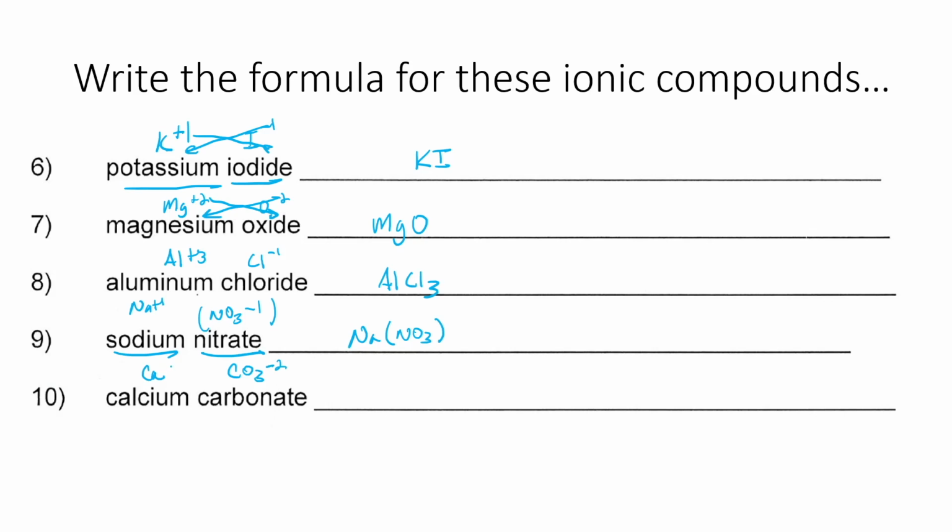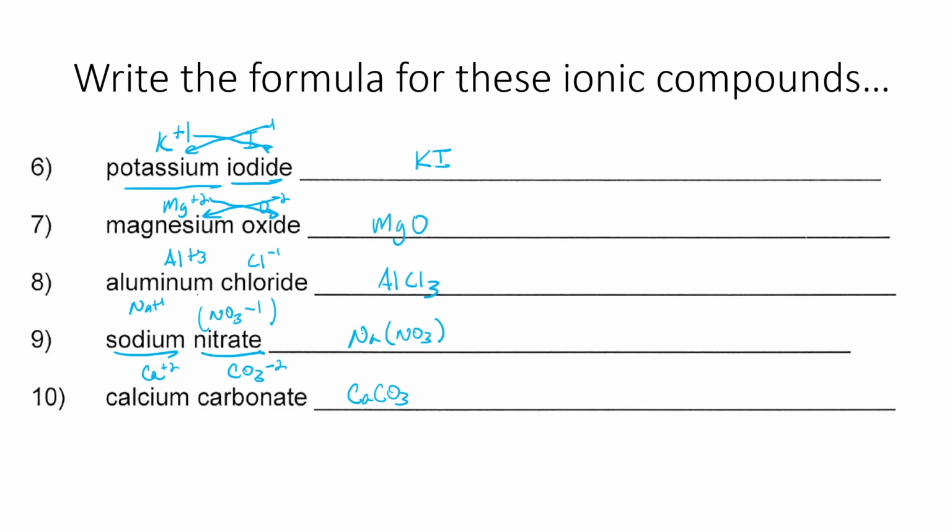The carbonates and nitrates, all those polyatomics, there'll be a chart for you to look at. For calcium, it's a +2 charge, so match made in heaven again, I'll only need one of each. So Ca, and then we don't even need parentheses for this because they'll just be together.